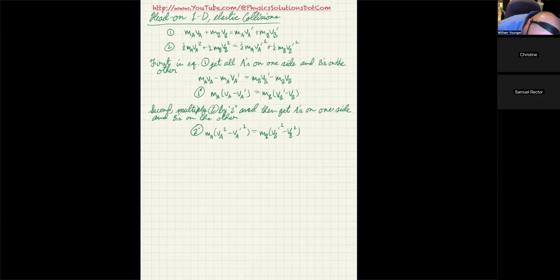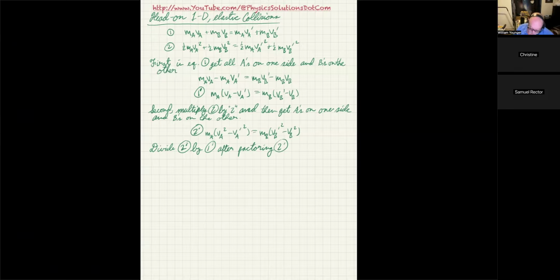Now I'm going to divide 2 prime by 1 prime after factoring 2 prime. So difference of squares, we know how to factor that.